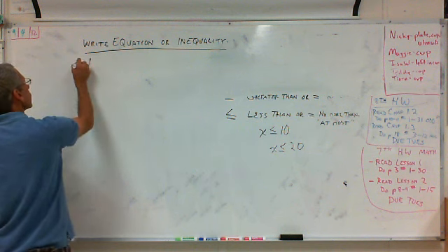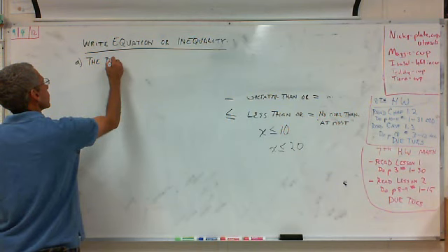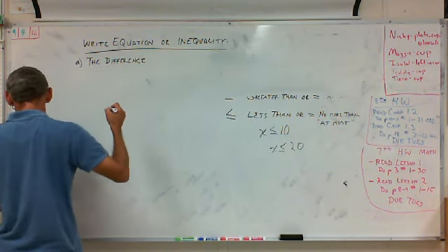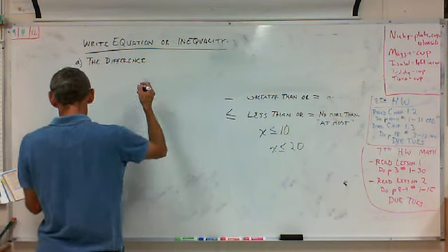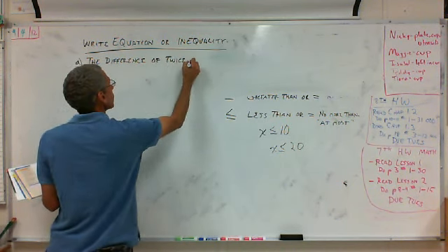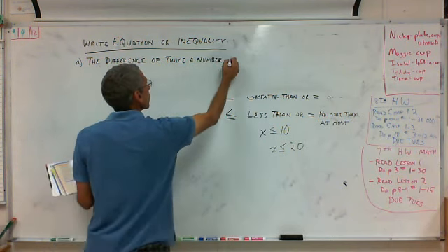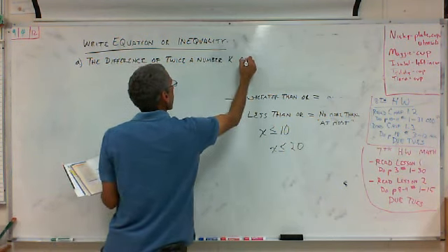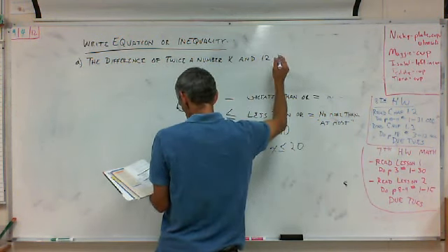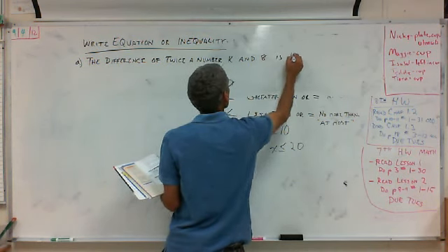So the difference of twice the number k and 8 is 12. Twice a number k, and 8. Sorry, and 8 is 12.